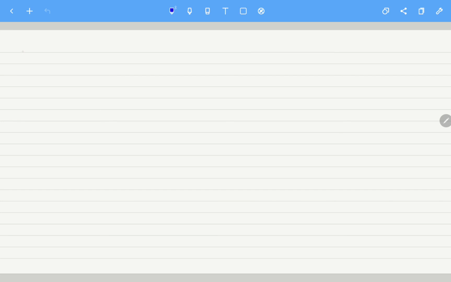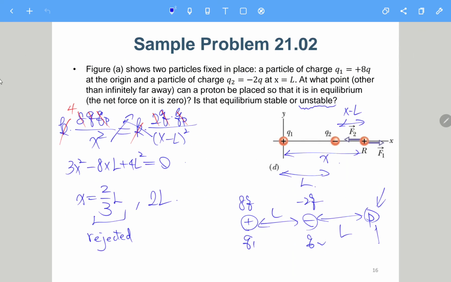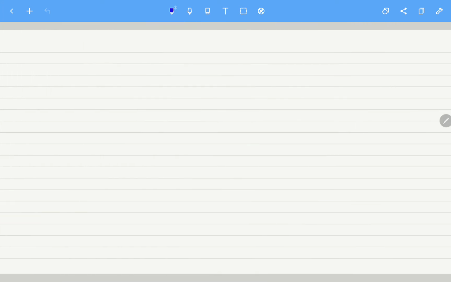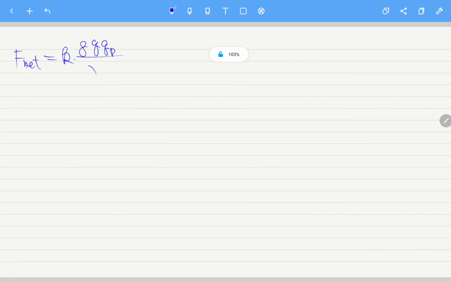So the simple derivation is like this: we have the force. If we consider the net force acting on it, F net equals K times 8Q QP over x squared, minus K times 2Q QP over x minus L squared.